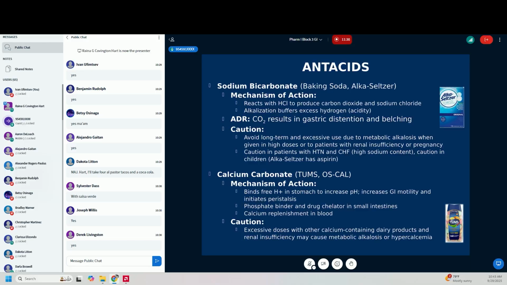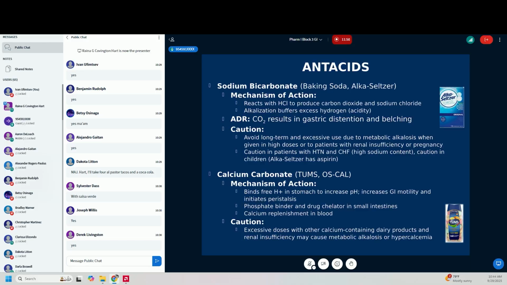When we're talking about our pregnant patients, remember that we have aspirin in our Alka-Seltzer, okay? So that's why we also watch out with this, because we don't want our kids to have any of that aspirin.